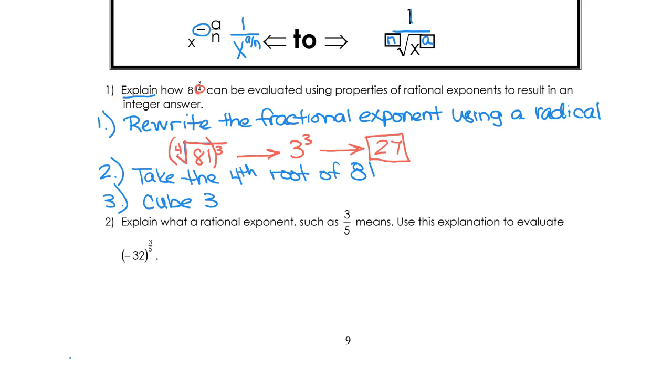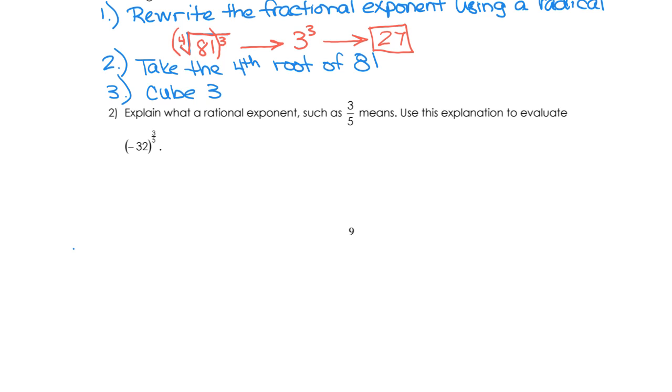Okay, so we're going to try another one. It's number 2. Number 2 says, explain what a rational exponent such as 3/5 means. Use this explanation to evaluate negative 32 raised to the 3/5.